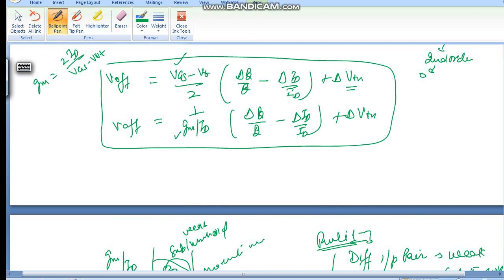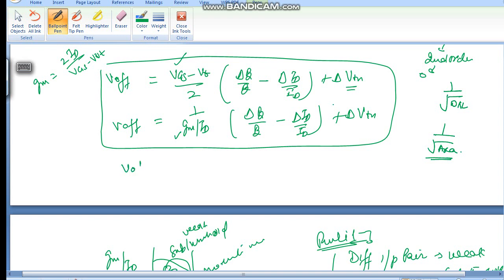Now delta VTN, the VT variation or mismatch, also depends upon the square root of W cross L. W cross L means area, so it goes as 1 by the square root of the area of the device. So device sizes should be big.